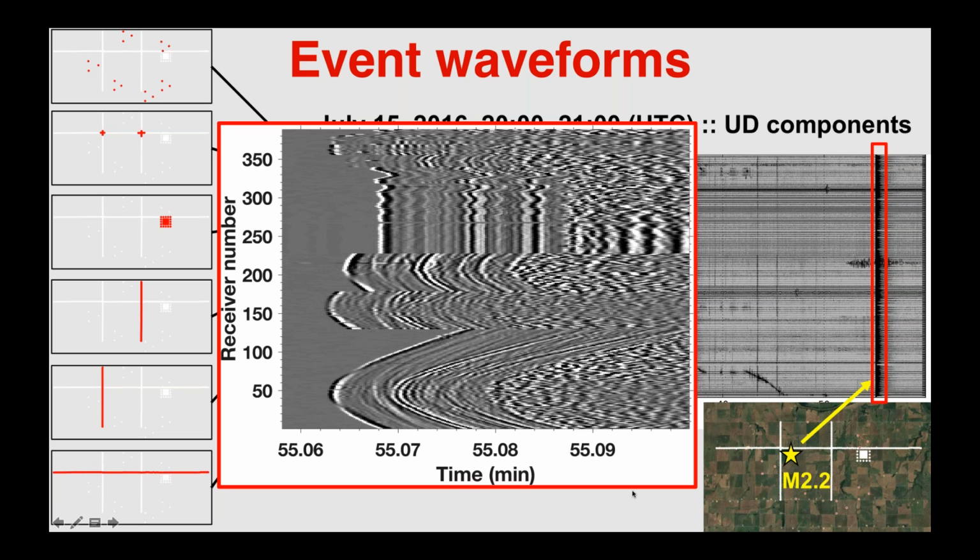That is great, and we can use this for many different things, like locating or mechanism estimation. The reason we have very good hyperbolas is that we have a very dense array, which is very useful. These clear signals are also useful for estimating the moment tensor or focal mechanisms.